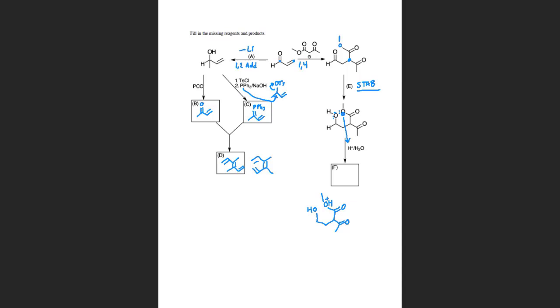The thing is that one of the two will attack. If you put it here, it'll attack this side. If the alcohol gets the proton, this one would attack here, so it would still make a ring.